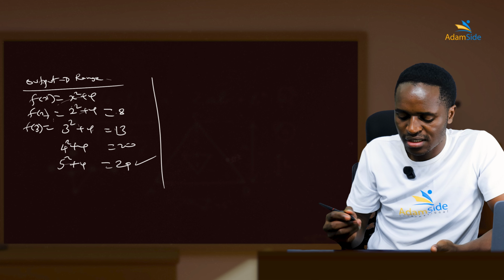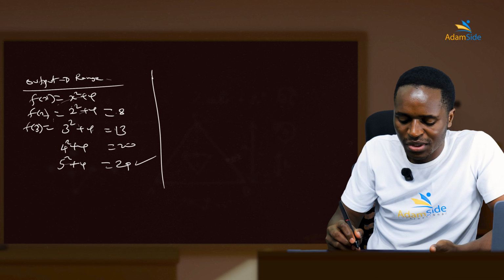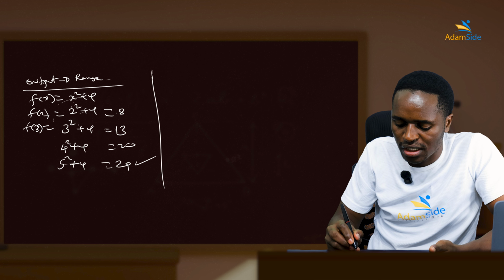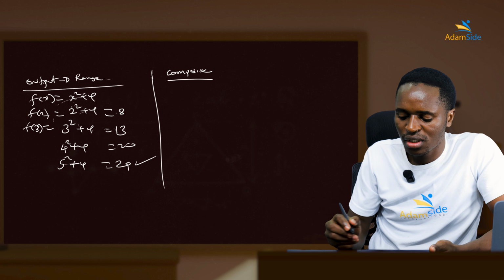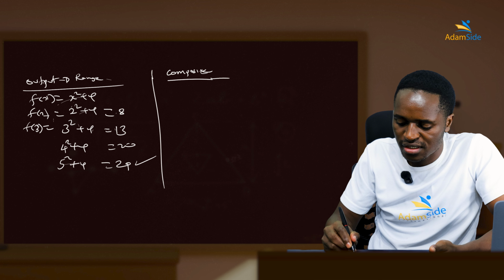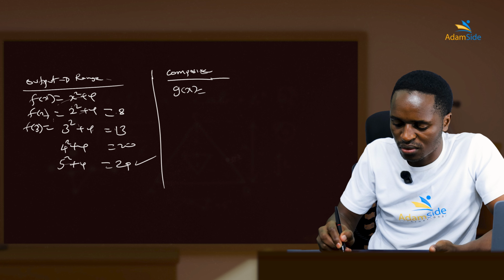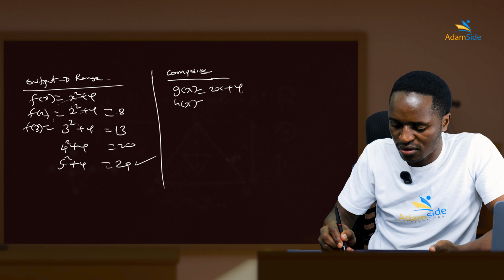Next question that you'll be asked, apart from calculating the output, is to find the composite function. Solving a question in composite function is also a specific area where most examiners like. For instance, g of x is equal to 2x plus 4, and h of x is equal to 8x plus 4.